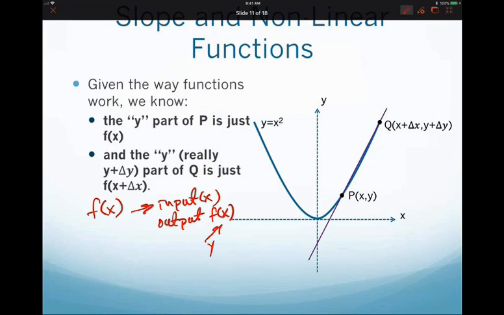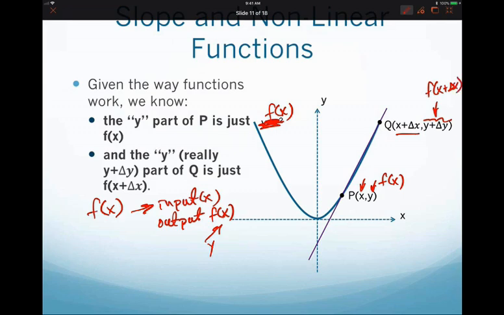So with this graph, this is just some function now. For P, we put in some value of x, and we get out some value of y. So y here is just f of x. And the same thing is true up here. You put in some x value that happens to be a really long convoluted x plus delta x, and the output you get out here is f of x plus delta x.